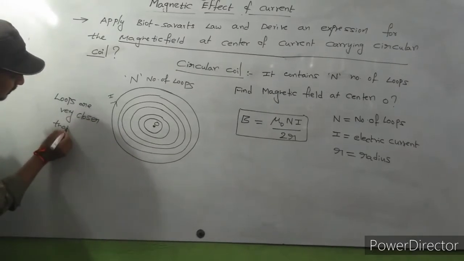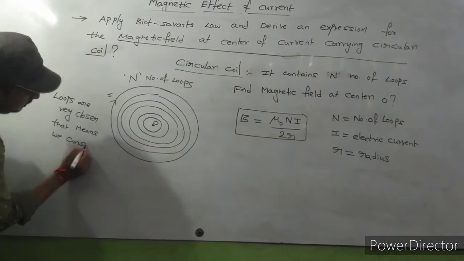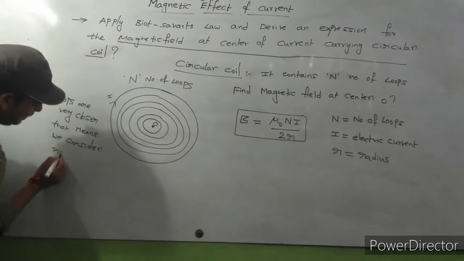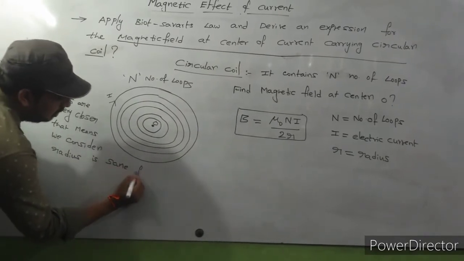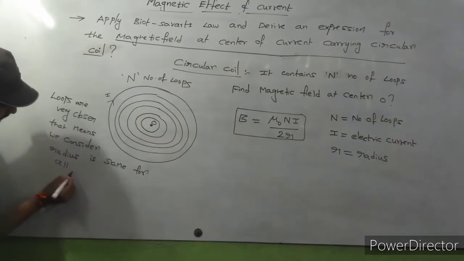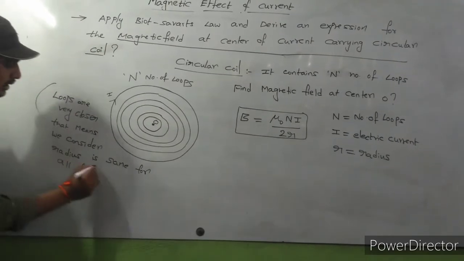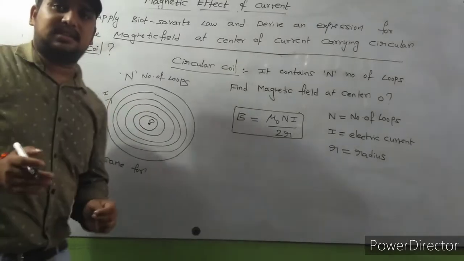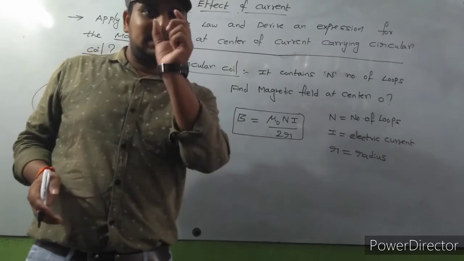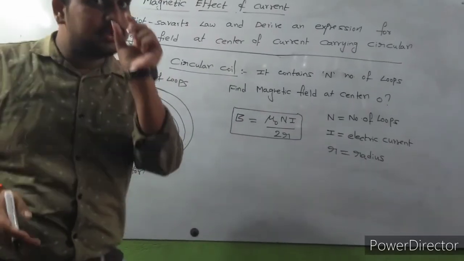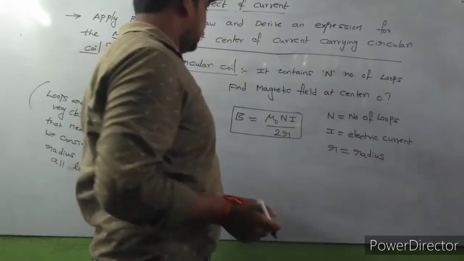That means we consider the radius to be the same for all loops. If loops are closer, the radius of all loops is R. So that's why I consider R. R means radius here.